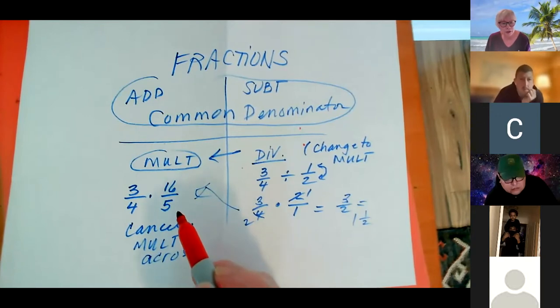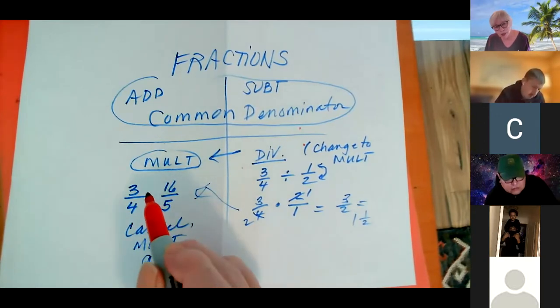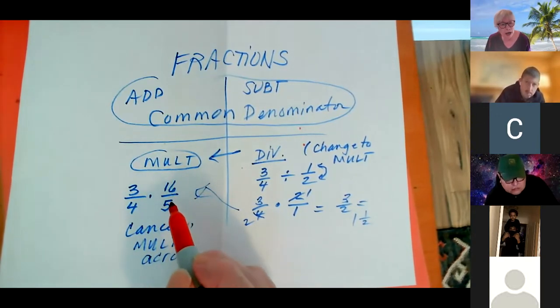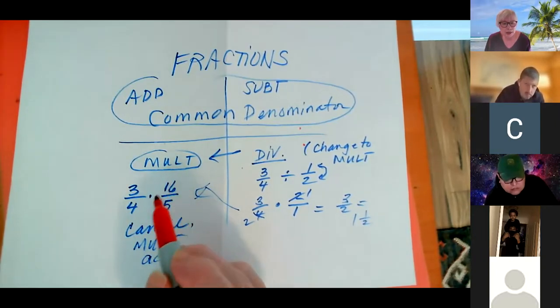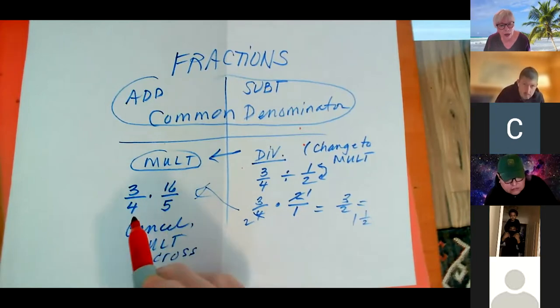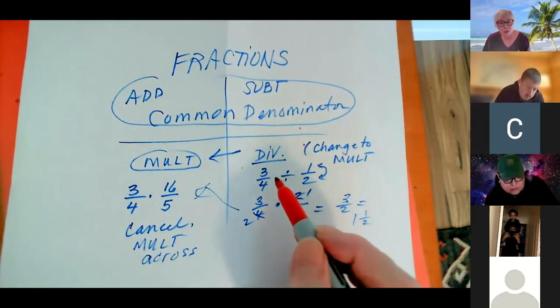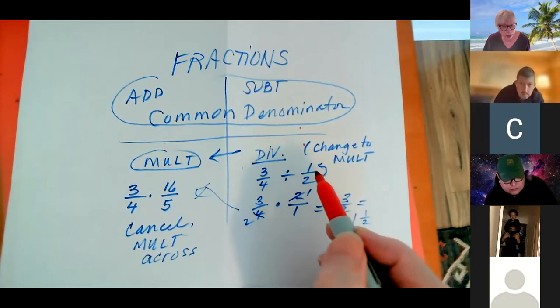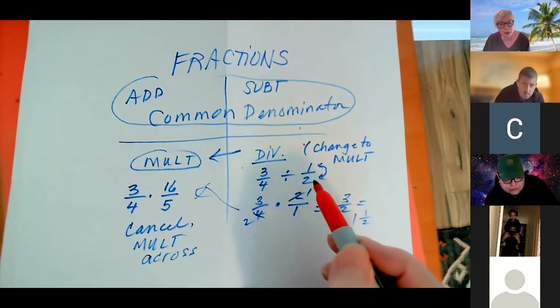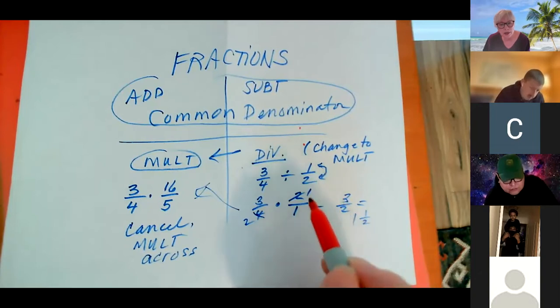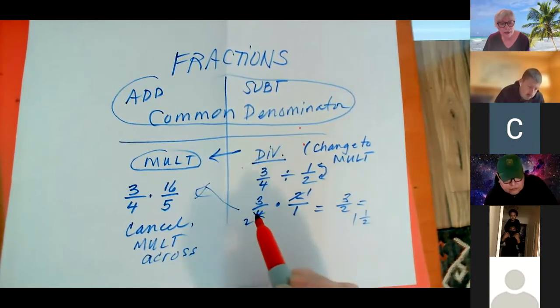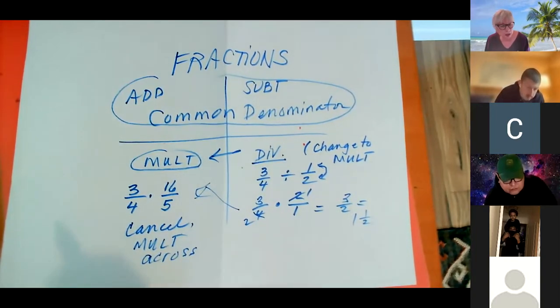The only difference is with multiplication, you make sure you have simple fractions, not mixed numbers. Then you cancel if you can, and then multiply across. The only difference with division is once you have nice simple fractions, not mixed numbers, this second number gets inverted. And then you just treat it like multiplication.